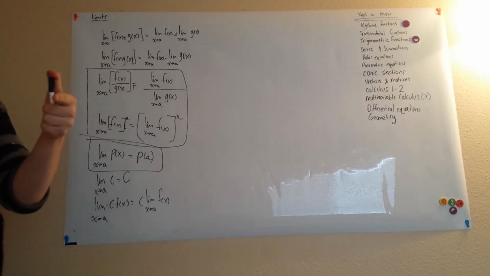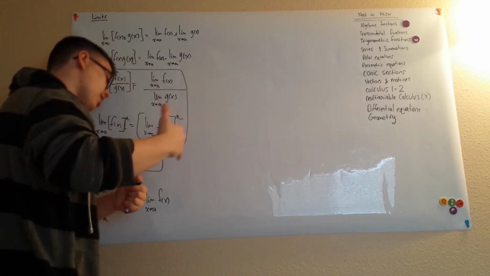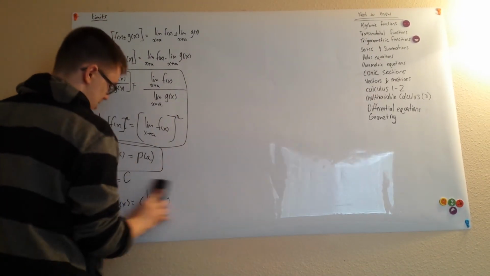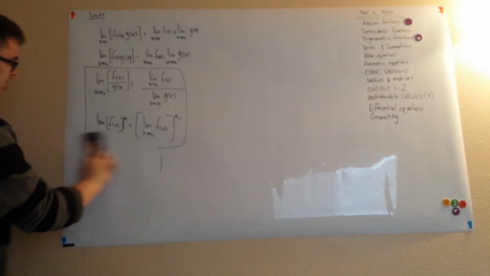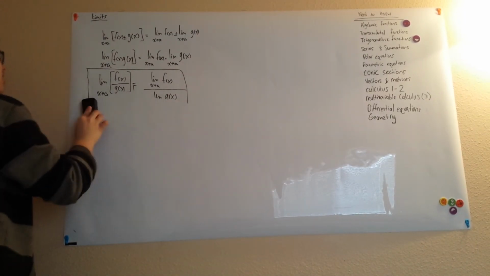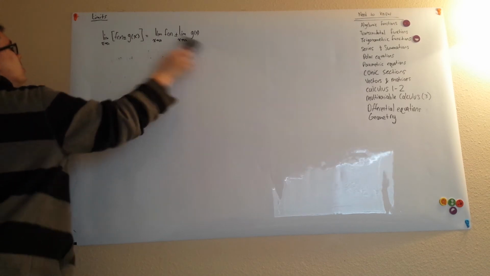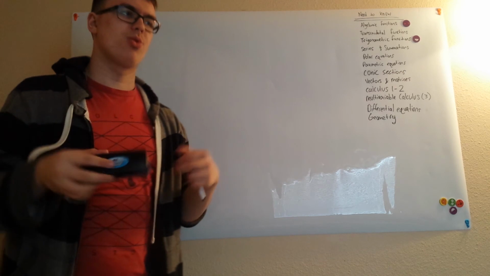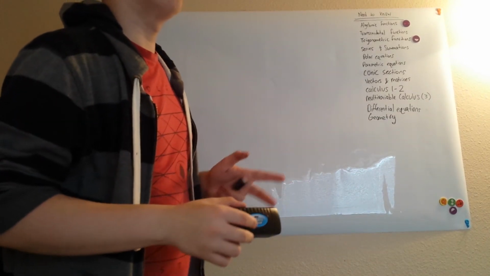You're proving that, hey, these rules work. And because these rules work, you can just plug it in. There is no reason. All these rules do is prove that you can plug in the number. That is all.